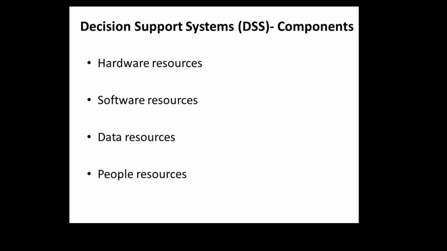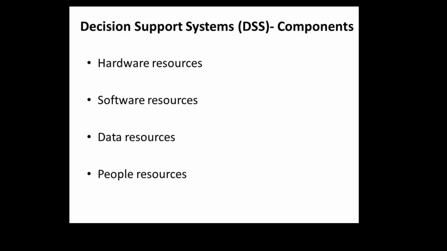It means the manager and his staff, or the technicians, the software engineers who have developed this software. And apart from the technical part, the managers and his staff who are involved in the decision making process with the help of such DSS.